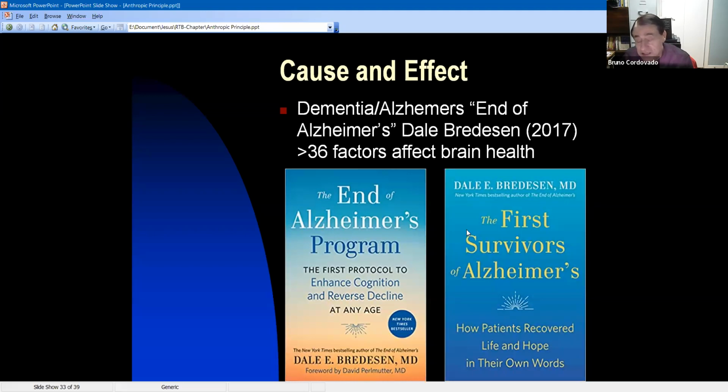And the third one would be toxic exposure, such as metals or biotoxins. So the way he has cured many people, the second book here is actual personal stories of patients that have recovered from Alzheimer's, is you need to actually look at all these 36 factors and fix each one. And when you fix enough of them, then the patient gets better.